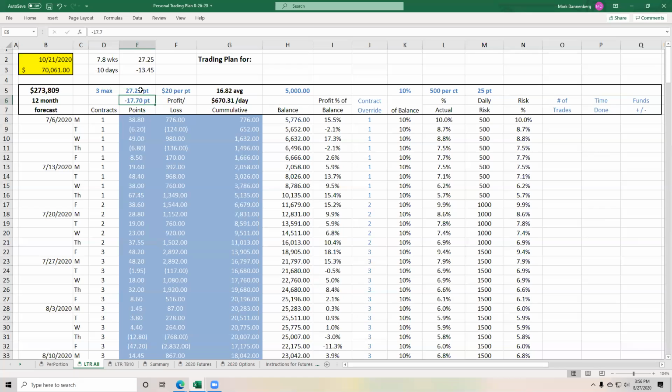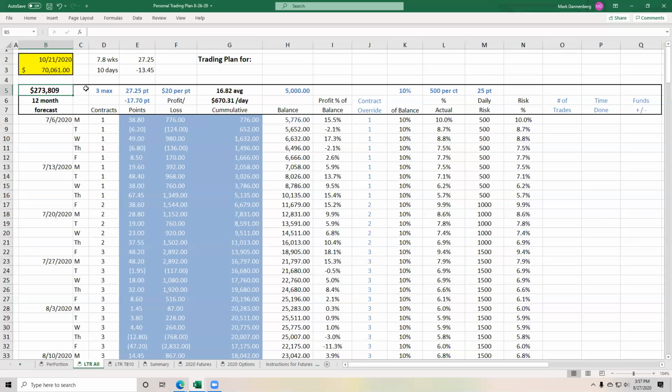So those numbers combined tell me what I could possibly accomplish over the remaining 44 weeks of the 12-month period that we have left, and that's a $273,800 income starting with $5,000.